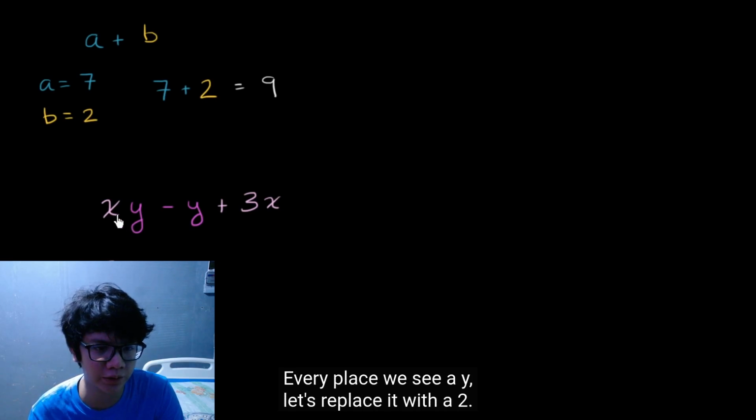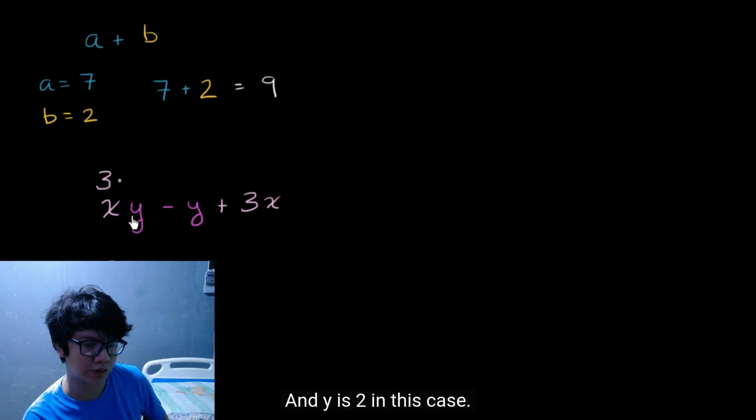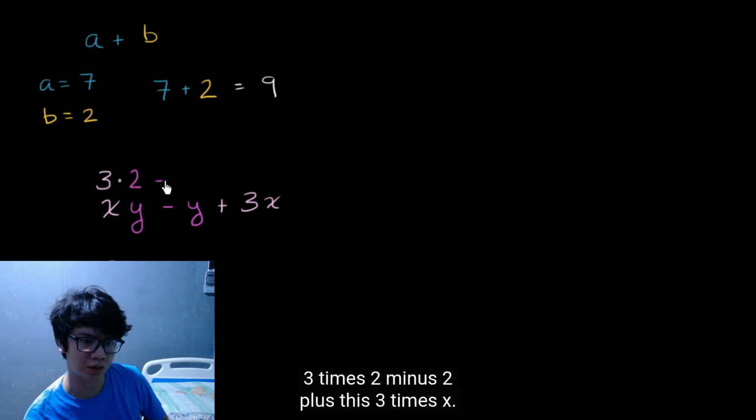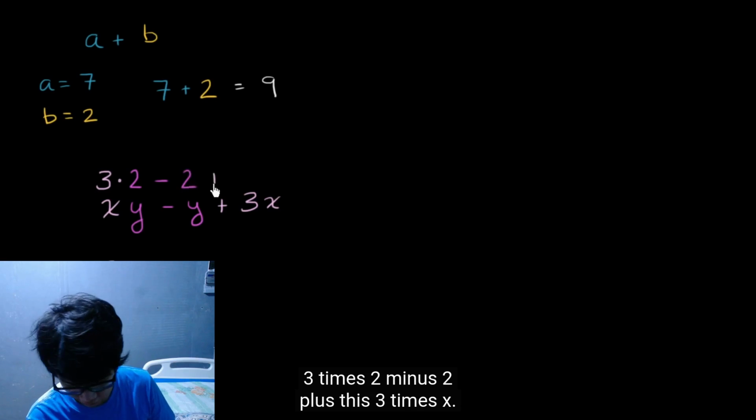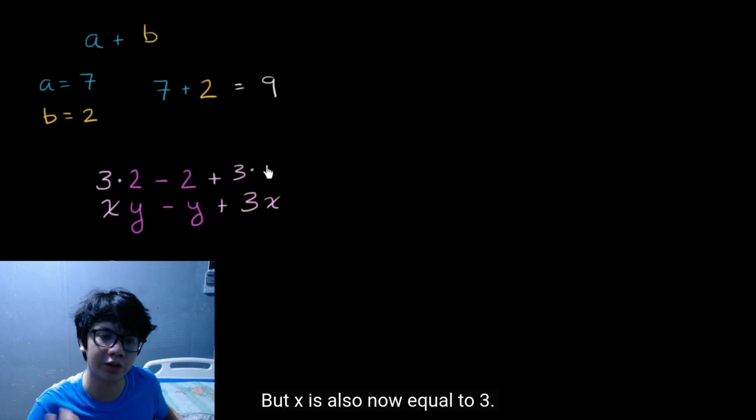Well, everywhere we see an x, let's replace it with a 3. Every place we see a y, let's replace it with a 2. So this is going to be equal to 3 times y, and y is 2 in this case. 3 times 2 minus 2, plus this 3 times x, but x is also now equal to 3.